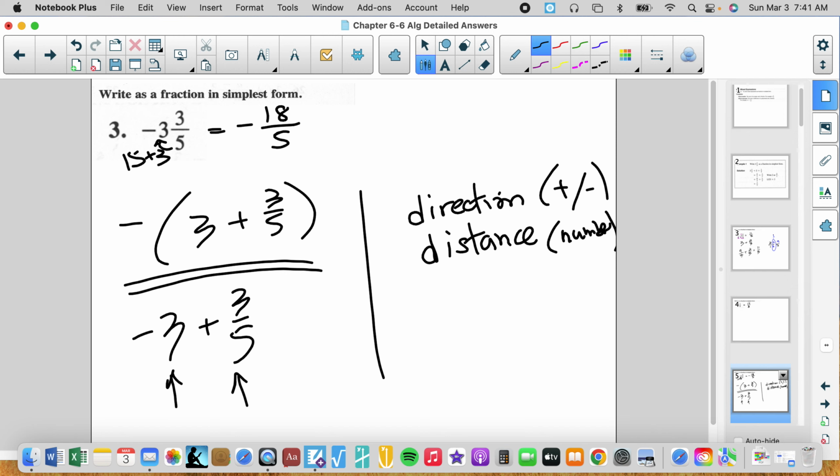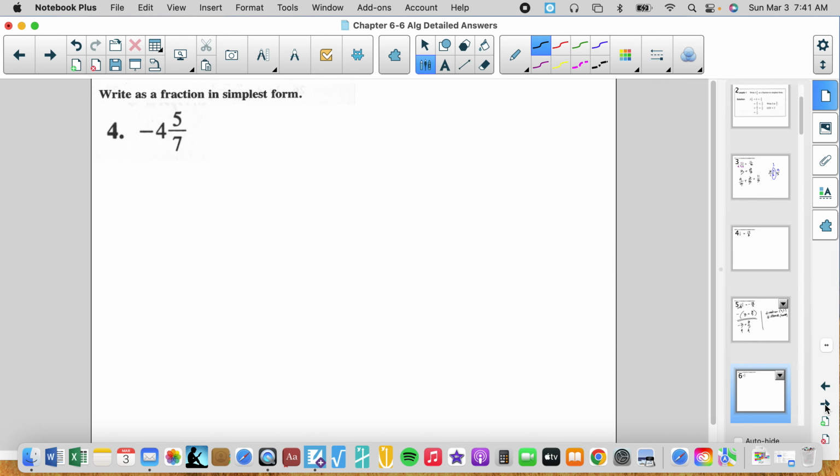So negative 18/5 is the proper way to do this. 7 times 4 is 28, plus 5 is 33, so you have negative 33/7. You have 31/6. You have 31/5. You have 8, negative 11/4. 9 times 1 plus 2 is negative 11/9.